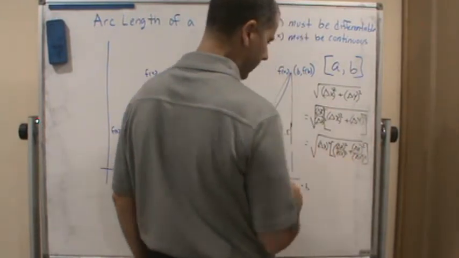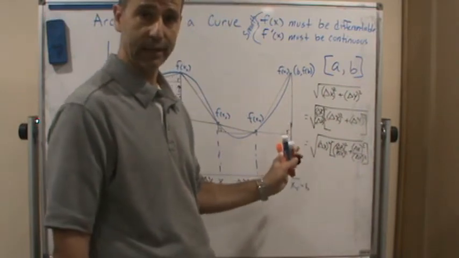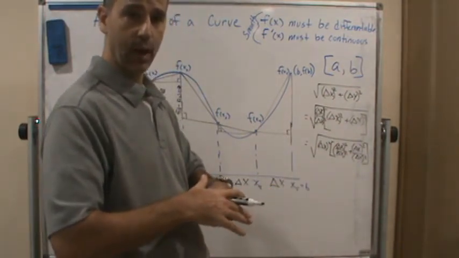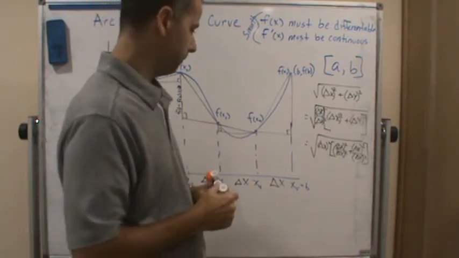Now I didn't really do anything, because all I'm doing is multiplying the radicand by 1. So I'm changing the way it looks, but I'm not changing it fundamentally.